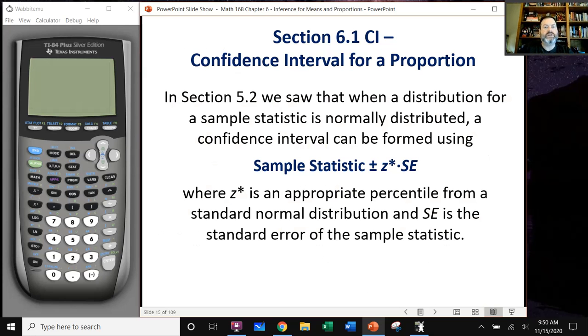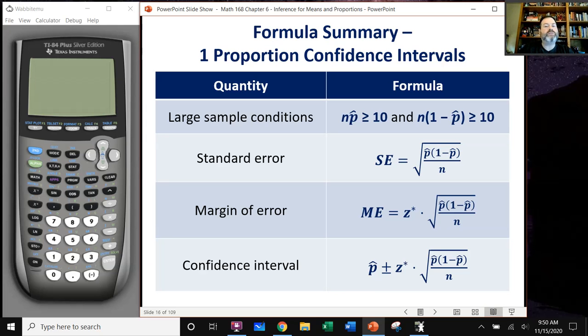Let's do some confidence intervals. In section 5.2, we saw that when a distribution for a sample statistic is normally distributed, a confidence interval can be formed using sample statistic plus or minus z star times the standard error. We did a bunch of work with that in section 5.2. So here are the formulas that we use.